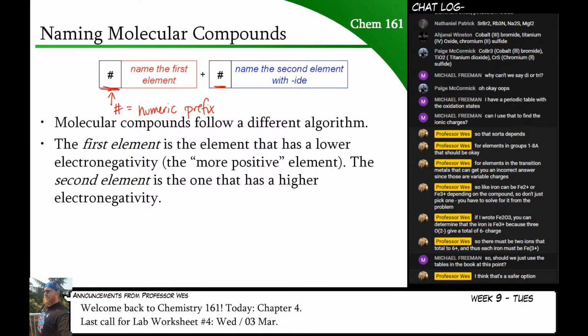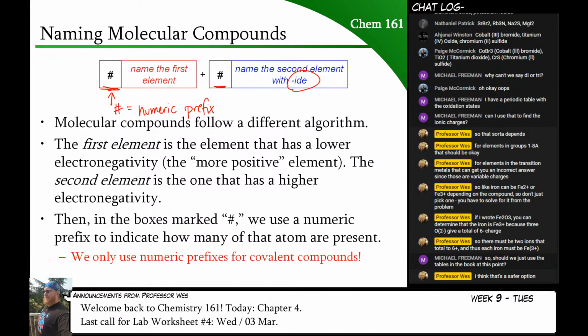So if you're ever given, like, what compound can you make out of sulfur and carbon? Carbon would go first because its electronegativity is lower, and then sulfur would go after. That matters because the second element has "ide" tacked on the end as if it were an anion. It's not an anion, but we name it as if it were one. And then again, the number box is for your numeric prefixes.